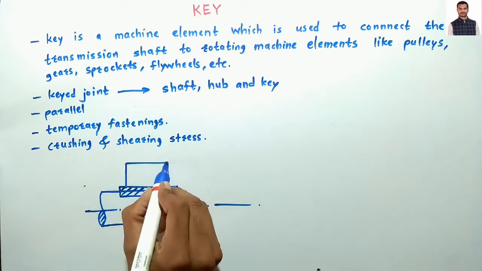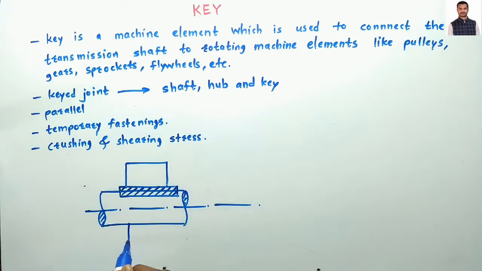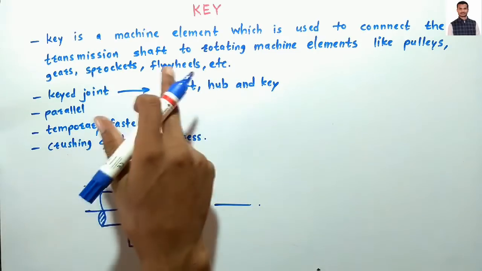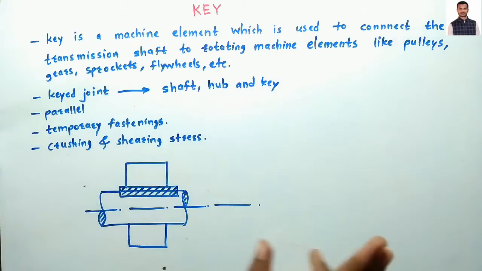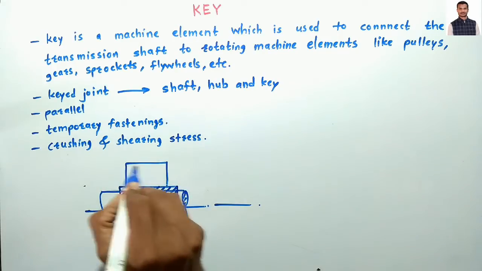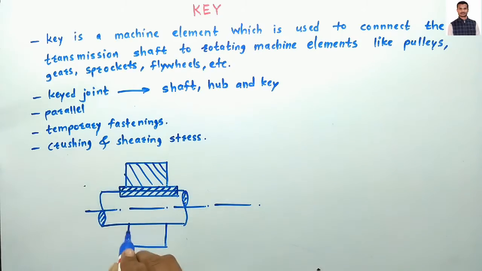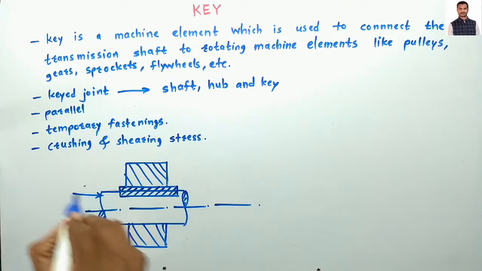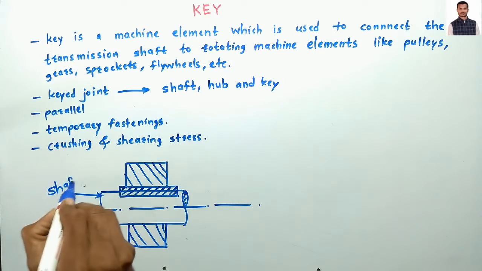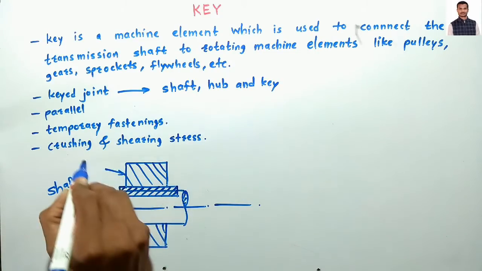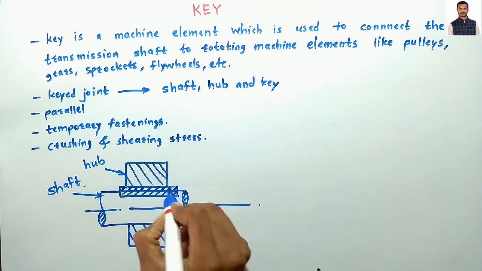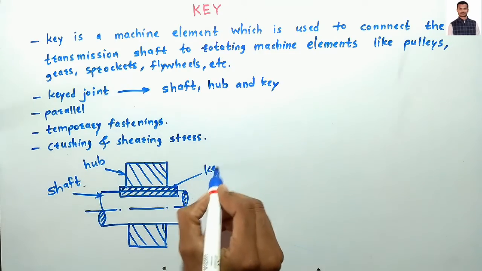So this is the hub of the gear, flywheel, sprocket or coupling. So this is shaft, this is hub, and this part is key.